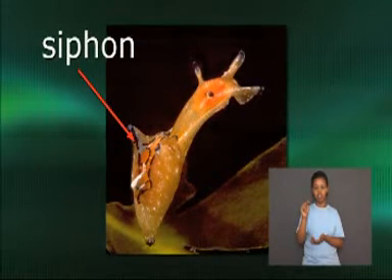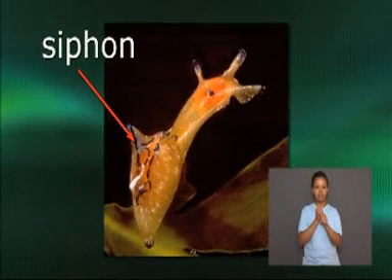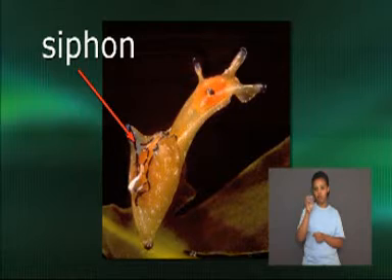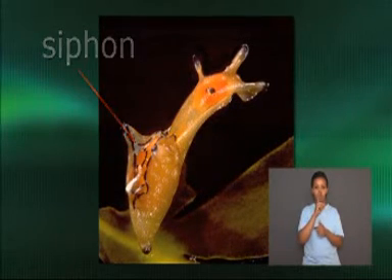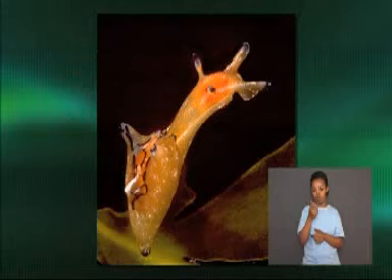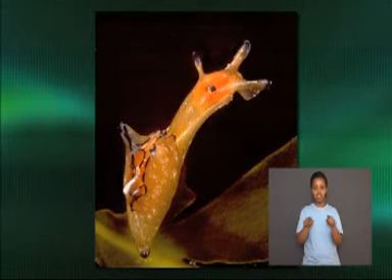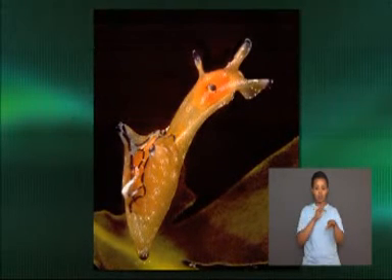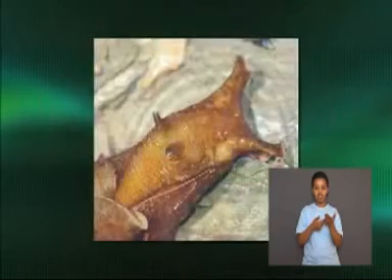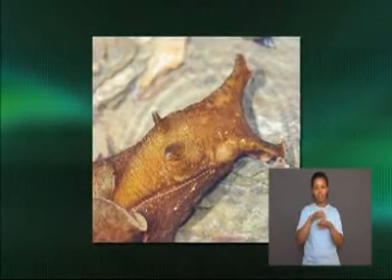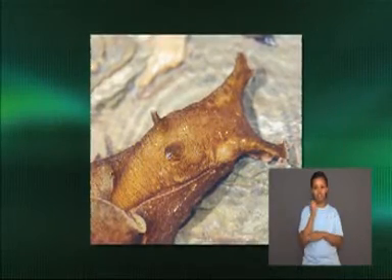When the siphon of the aplysia is gently touched, normally it causes the slug to withdraw its gill. However, if a gentle touch is followed by an electric shock to the tail of the snail, the gill withdrawal response will be much stronger.